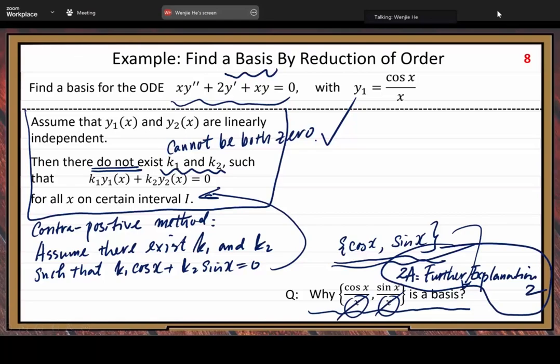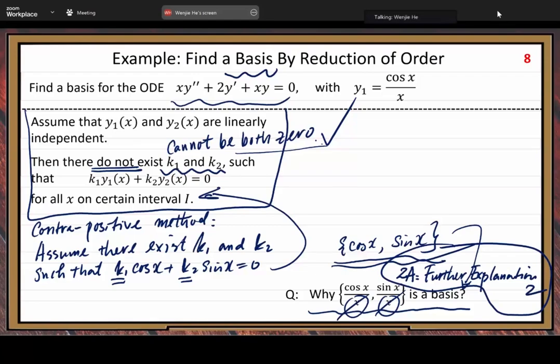Then we want to get a contradiction. The contradiction is that k1 and k2 must be both 0. That's our contradiction.